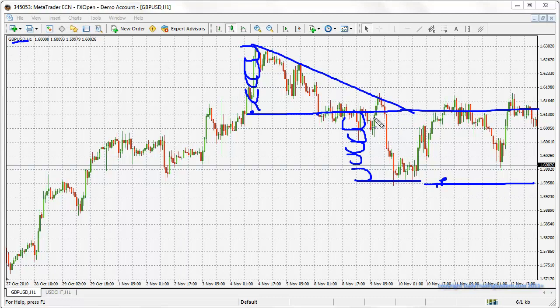If we got in, I guess we probably would have taken one of these earlier breaks, if we're honest. It all really depends on how you're looking at things and how much analysis you've done. But overall, it would have been about a 200 pip gain over a period of around 12-18 hours.